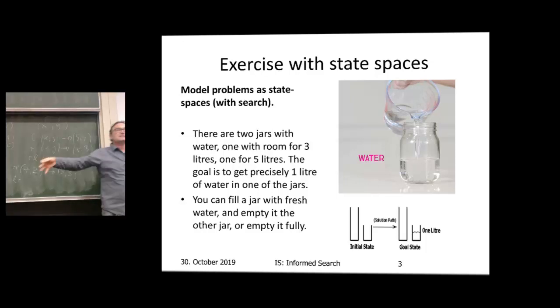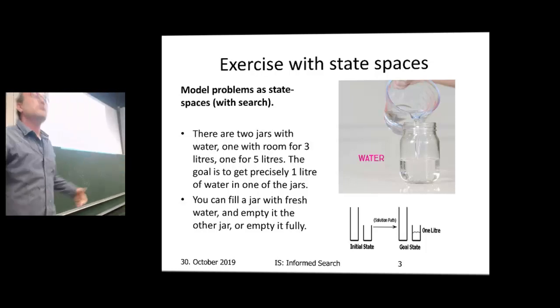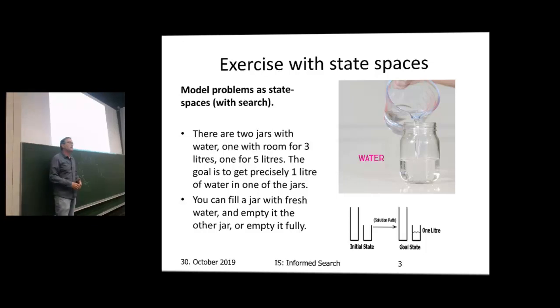And obviously from this situation, I can go on. And if you apply this systematically, you will end up with the situation where you have, in one of the jars, only one. So what we've done is now to encode a standard daily life problem, filling water in jars, into a mathematical state space representation, write it down as a state space of the entire options that I have in order to act on my jars.